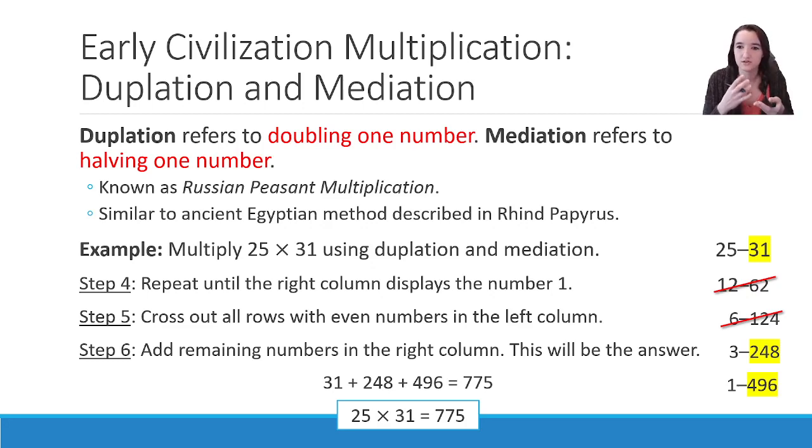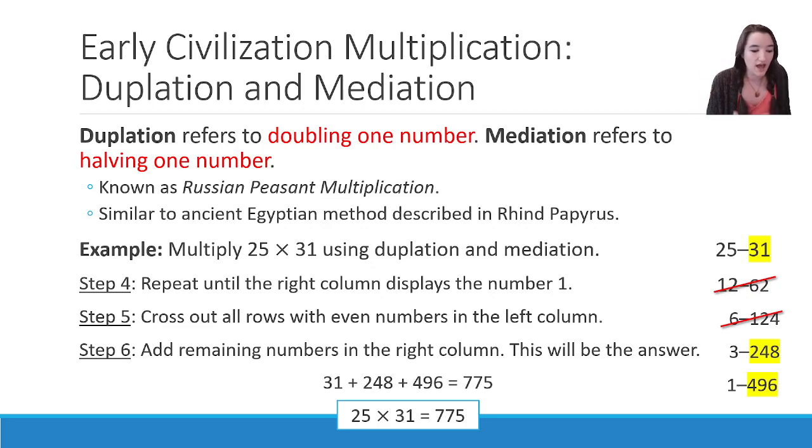It's a bit complicated to really understand why this works, but the main thing you want to think about is if I double one number and halve the other, I'm kind of negating myself as I keep going. If you're interested in further understanding this, certainly something you can seek online or ask about for more understanding. But essentially what you need to be able to do is just to do this process.